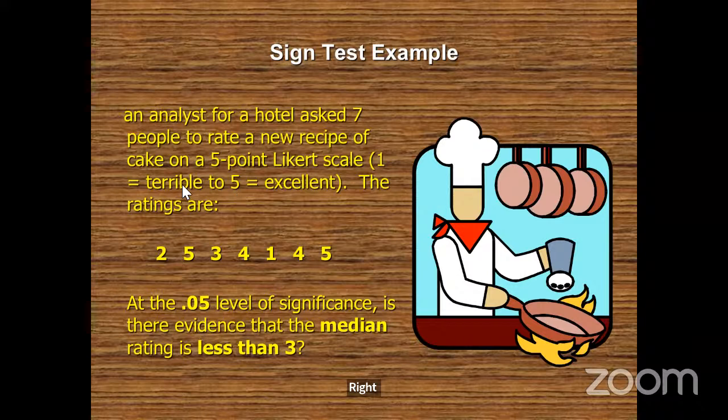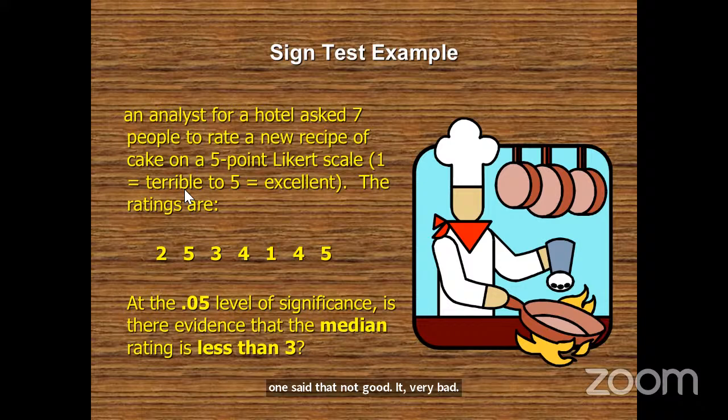So 1 is terrible, 2 must be not good, then 3 must be okay, 4 must be very good, and 5 is excellent. Like this, the scales are given. Now 7 people have given their responses like this. The first one said terrible, very bad.